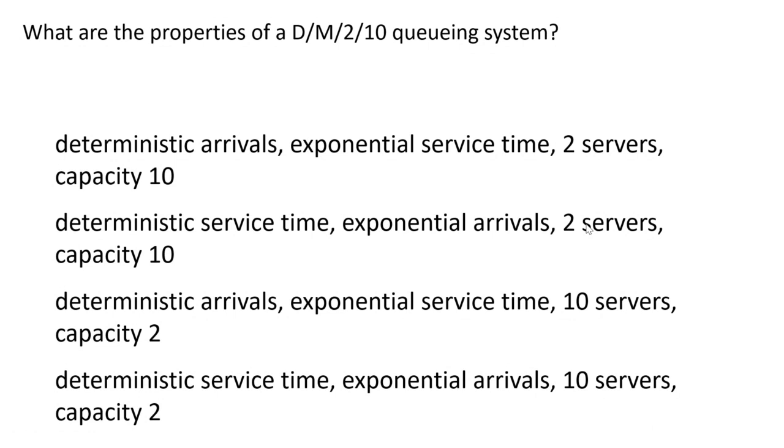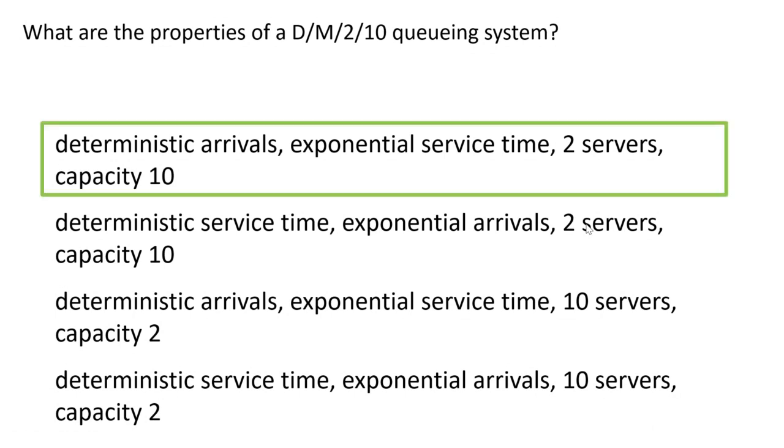D stands for deterministic and M stands for exponential. The first slot is the arrival distribution and the second slot is the service time distribution. The third slot is the number of servers, and the fourth is the capacity. So in this case, the answer is deterministic arrivals, exponential service time, 2 servers, capacity 10.